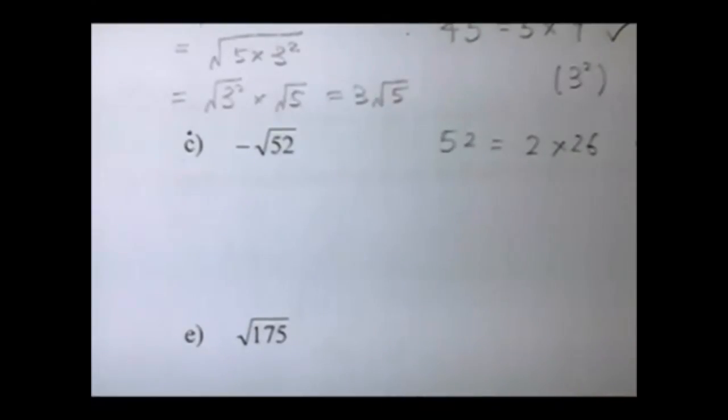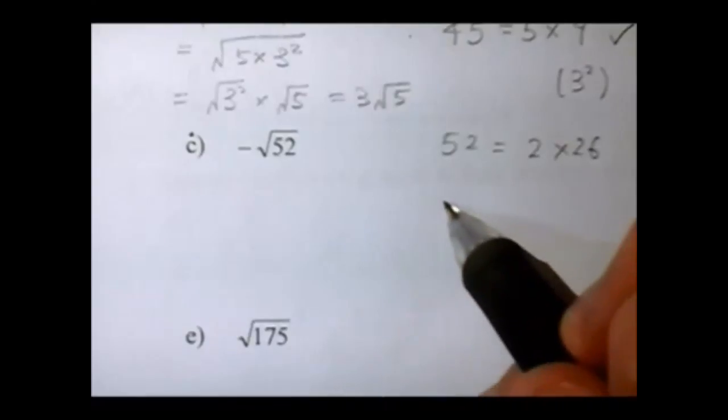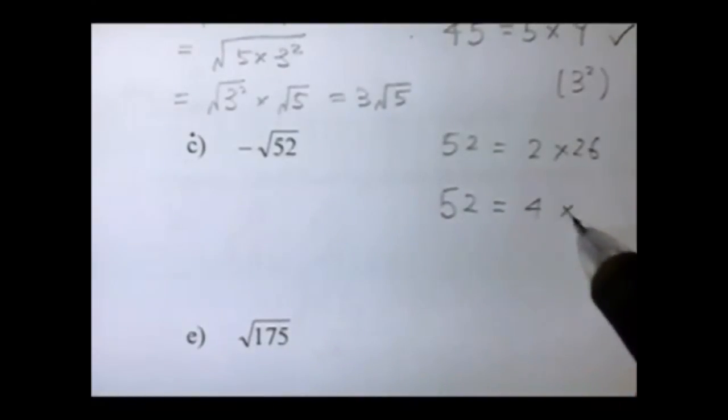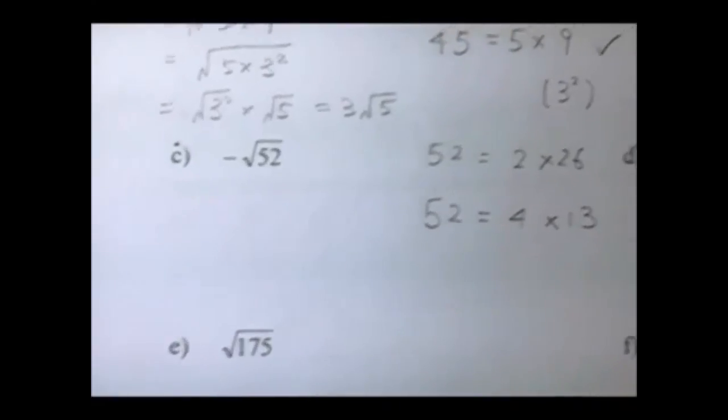So we change another way. 52 cannot be divided by 3, but 52 can be divided by 4. It can be written as 52 is equal to 4 times 13.